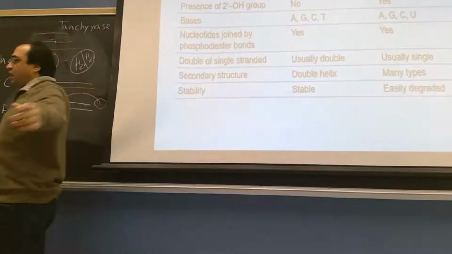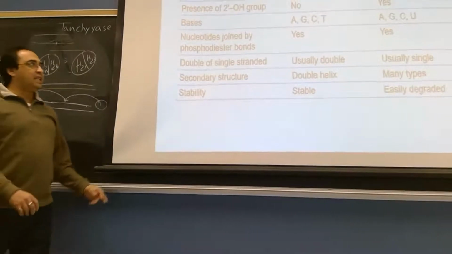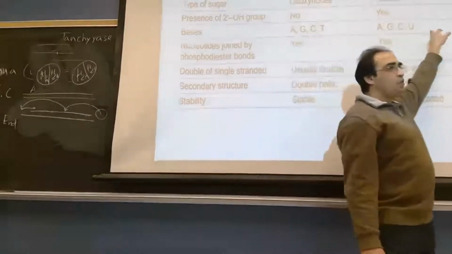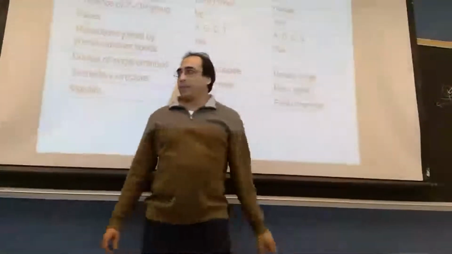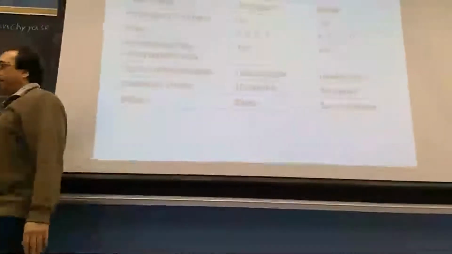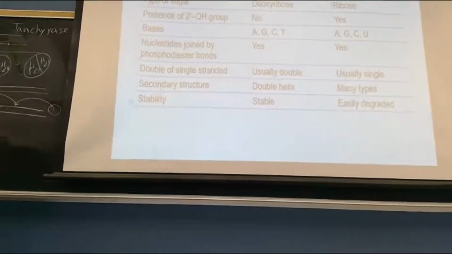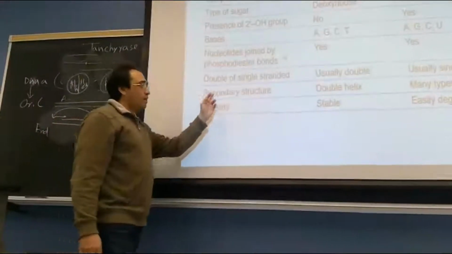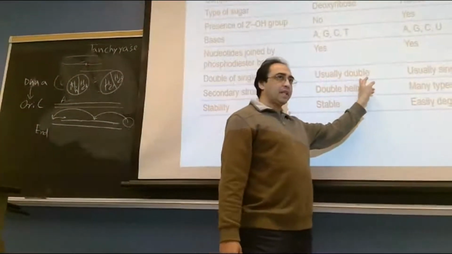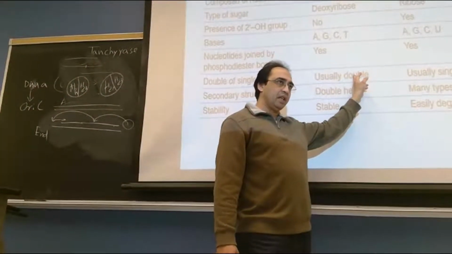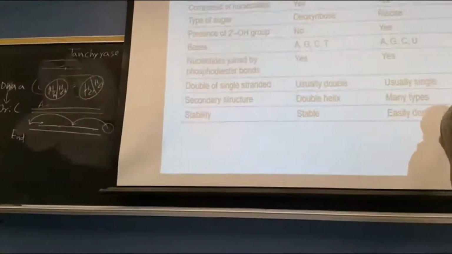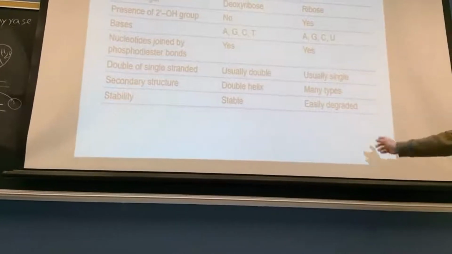Bases are AGCT here and AGCU in RNA. Nucleotides are joined by phosphodiester bonds in both cases. DNA is usually double-stranded, but single-stranded DNA is also present in nature. RNA is usually single-stranded, but in certain viruses there are double-stranded RNAs.